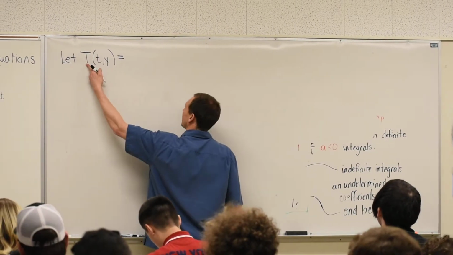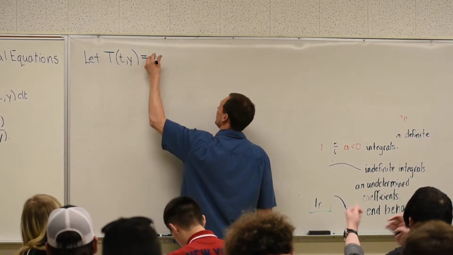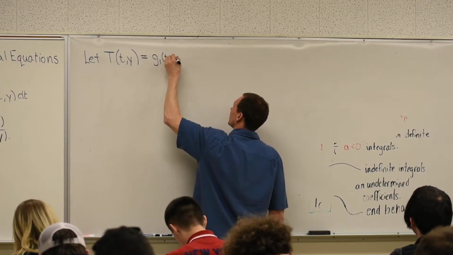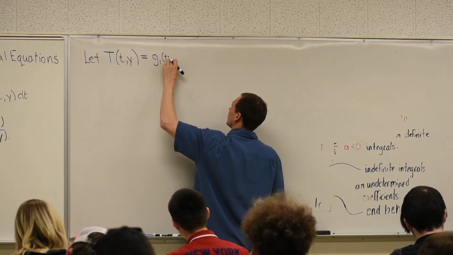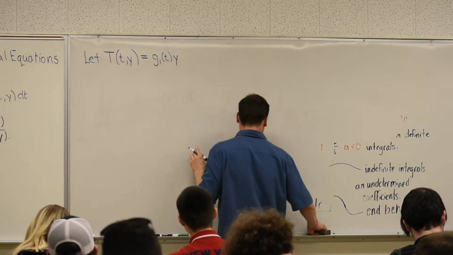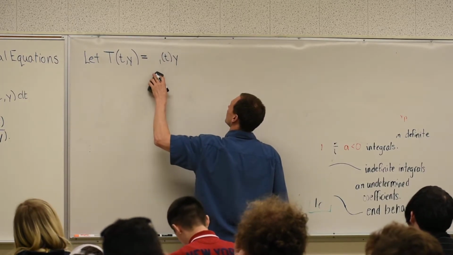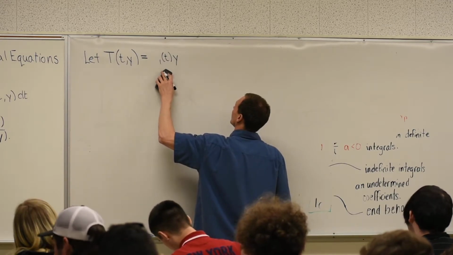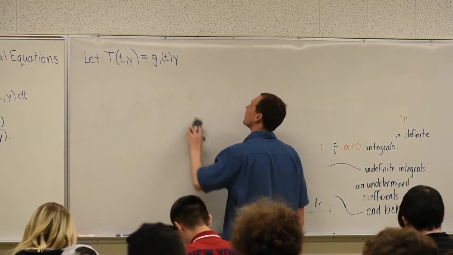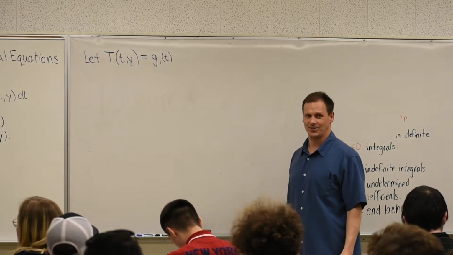So let capital T, and this is a function of time, and remember y is still y of t, equal... I'm sorry, g1, I didn't think about that. Oh no, erase that. I'm going to use G, just because that's the way I practiced it, but that G and that G are not the same kind of G's.